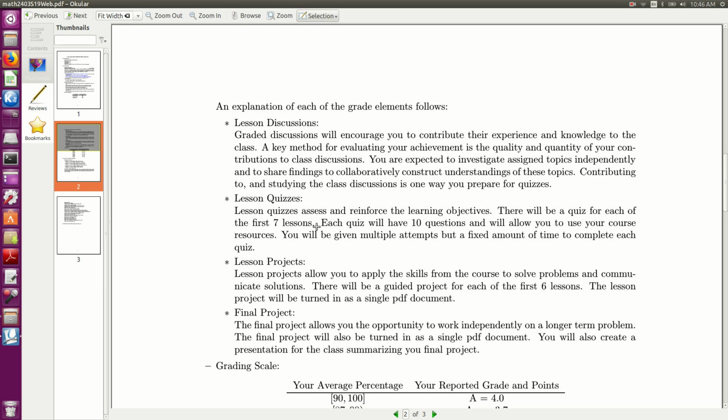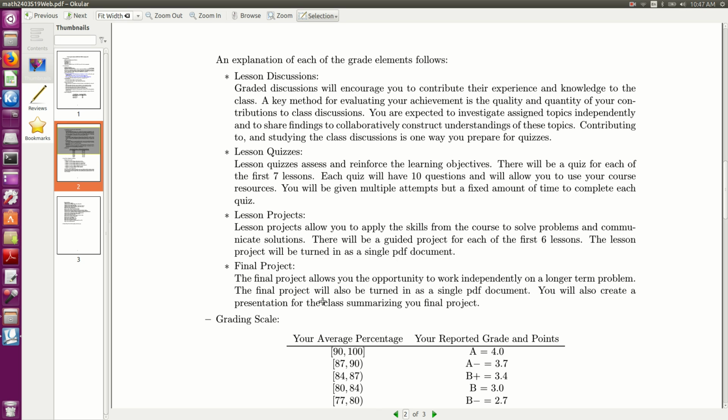The homework from the textbook is not actually turned in, but problems are suggested. And as I say, I'll take some quiz questions from the homework. The lesson projects, again, this says first 6 lessons. That's a typo. Should say 7 lessons. I'll try to remember to get that fixed. And the final project of your own doing.